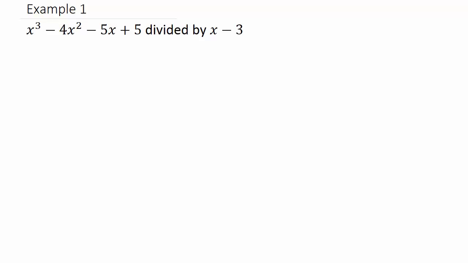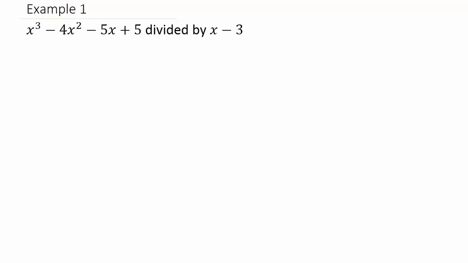Alright, so in this video, let's take a look at dividing polynomials using synthetic division. Here you can see that we have x cubed minus 4x squared minus 5x plus 5 divided by x minus 3. When you're working these problems in the textbook, you may see the problem written like this.